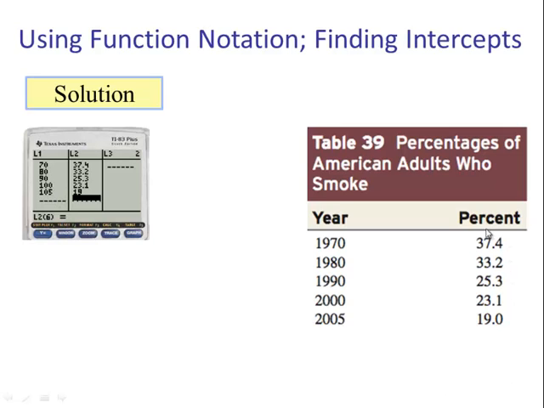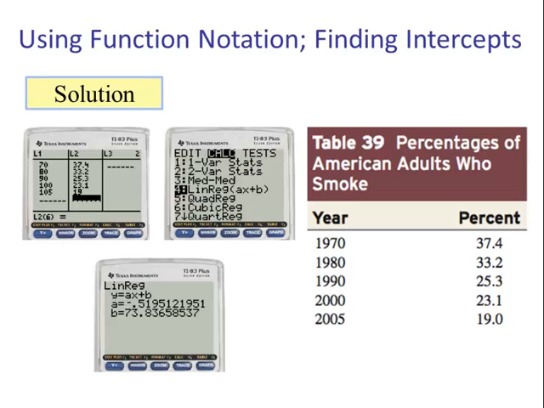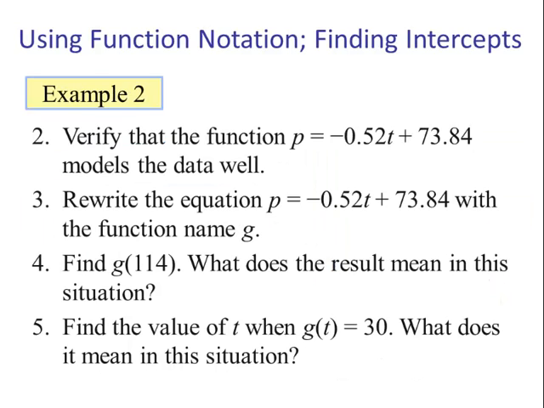And then in list 2 is our dependent variable, which is the percentage. Next we hit stat, use the right arrow key to calculate, and then number 4, linear regression. And then we have our line of best fit. So we would say P equals negative 0.52 T plus 73.84, rounded to 2 decimal places.